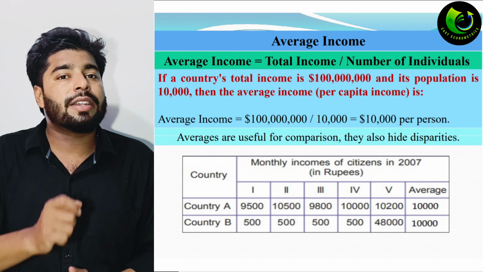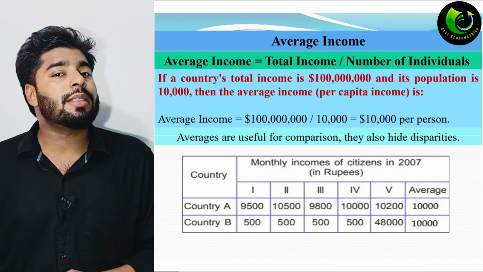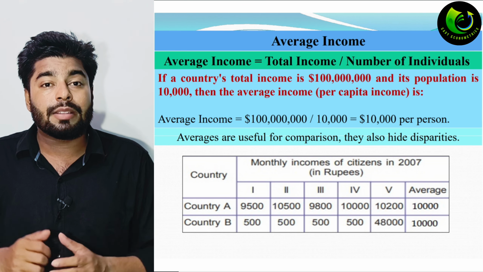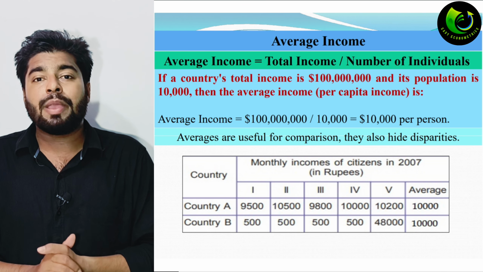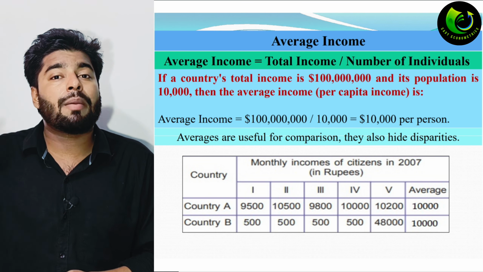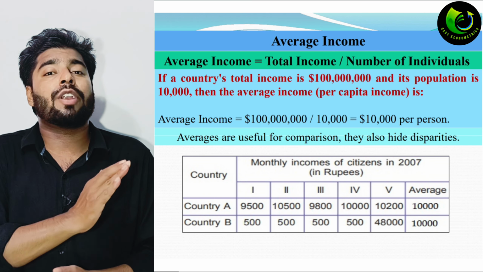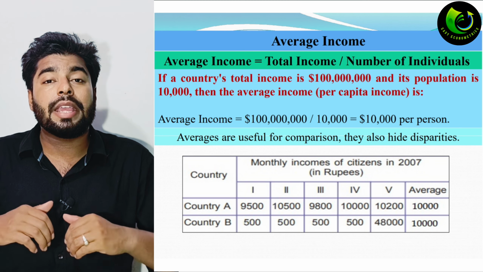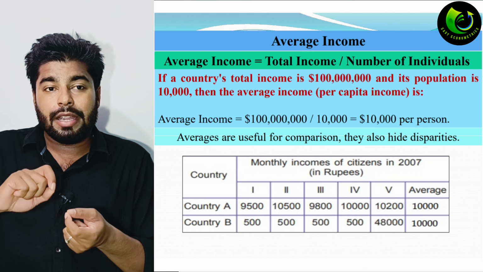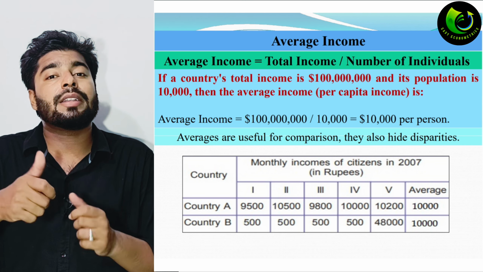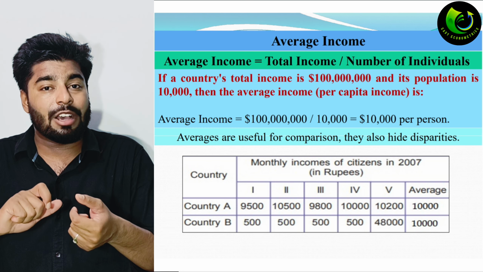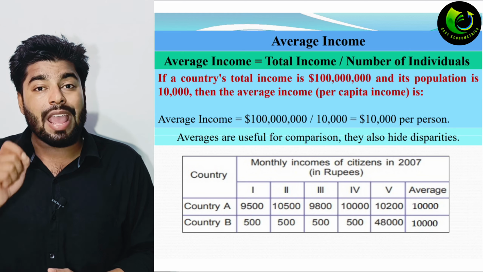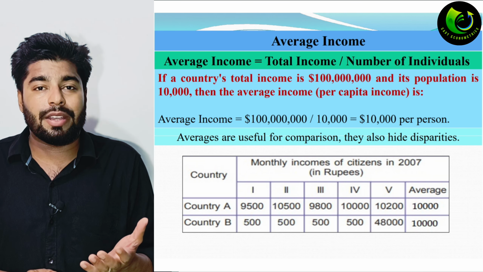But in the case of country B, the average income is also 10,000, but see the distribution of income among the 5 individuals, there is huge income inequality. The fifth individual has the maximum amount of income and the other 4 individuals have very little income. That is called income inequality. So in terms of average income, both countries have the same 10,000 and 10,000. That's why I said average income is good for comparison, but actually it hides the disparities.